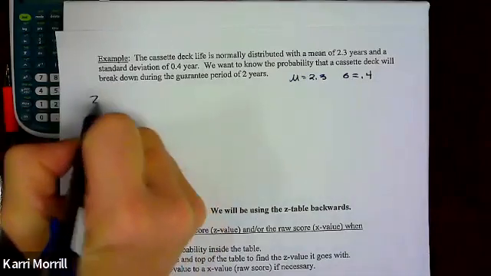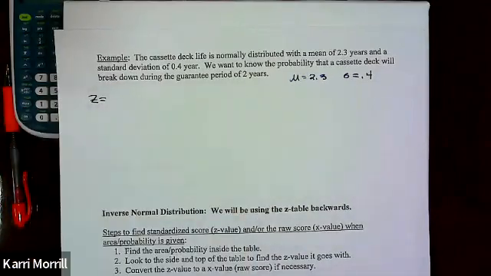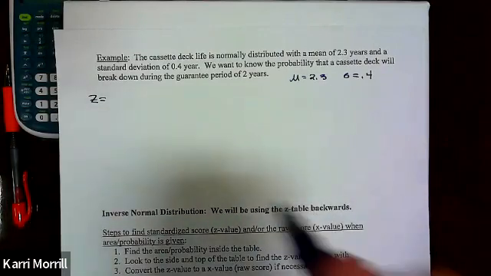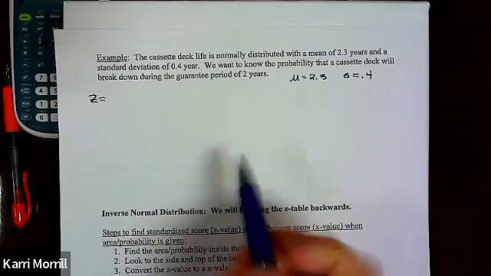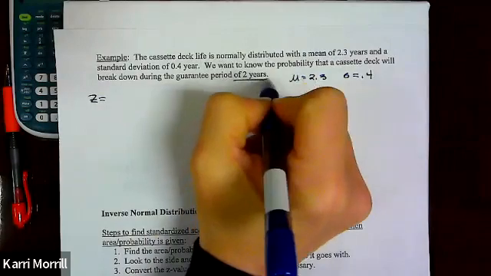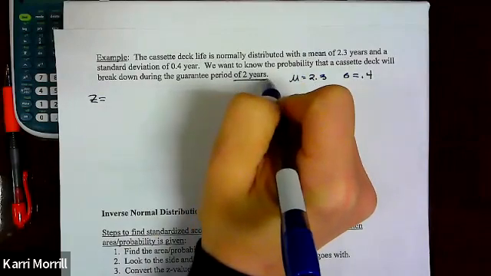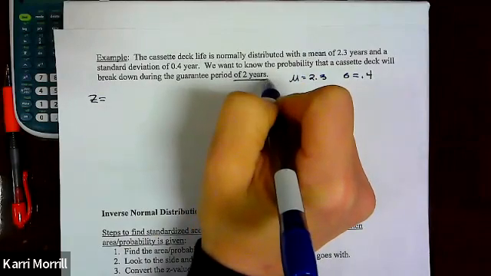So we need to find our z-score by knowing that it says it's going to break down during the guarantee period of 2 years. That means anything less than 2 years, they guarantee it's not going to break down.